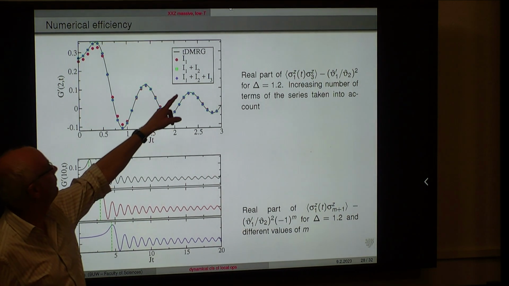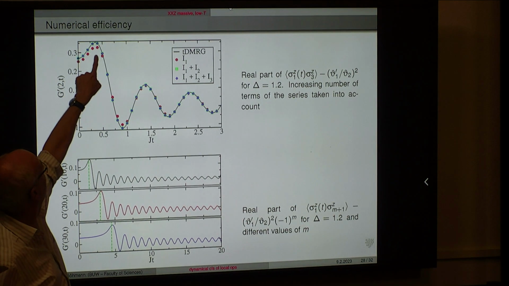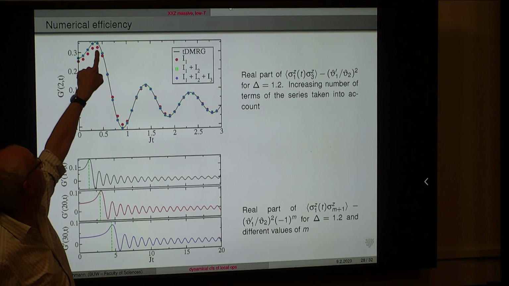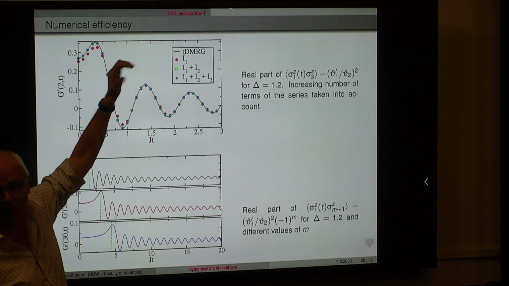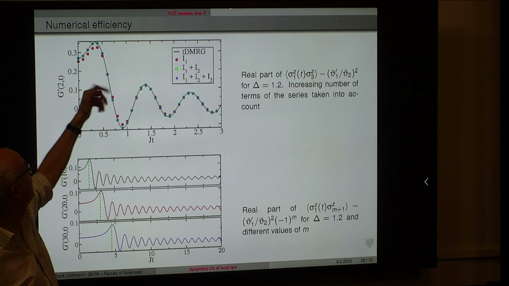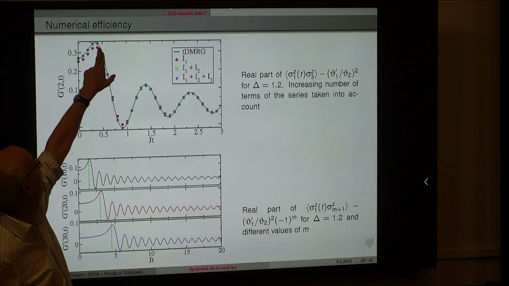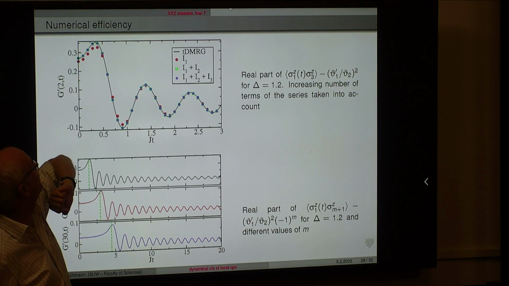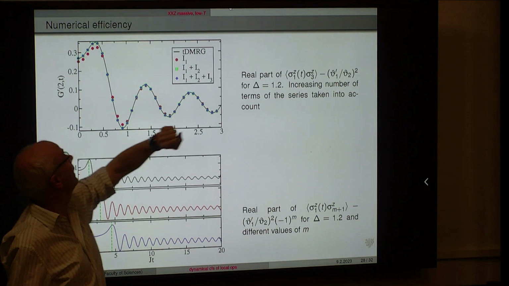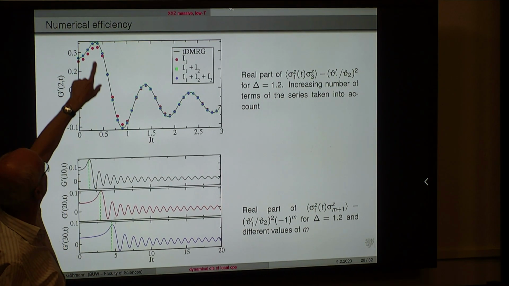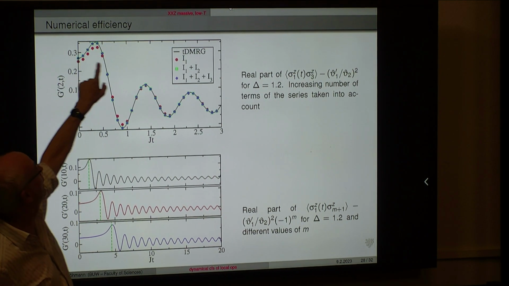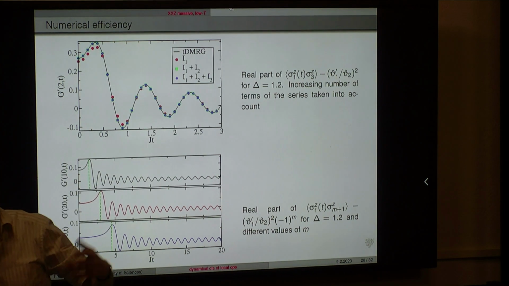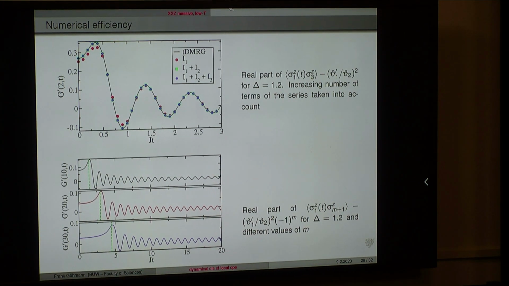Here the red points are one integral, which is enough for large m, and the black is DMRG, and you see the error, the difference from this approximate result to the DMRG result. Then you calculate the second integral, and you have the green dots, which already lie on the curve even for t equals 0. And you can add the blue dots, and if you're good at numerical integration, you can go higher here.